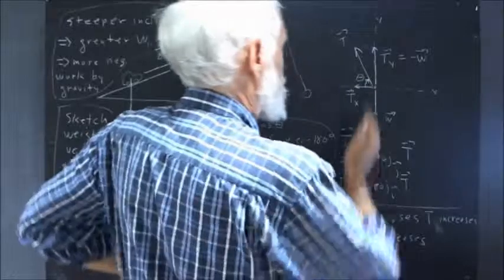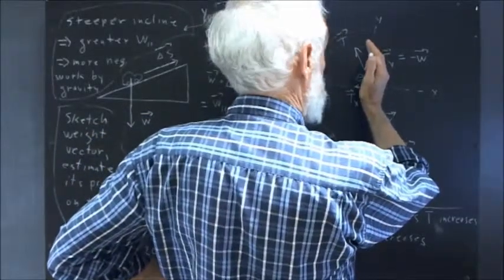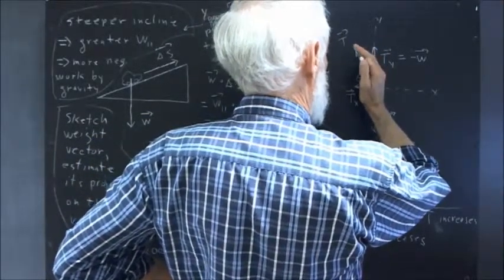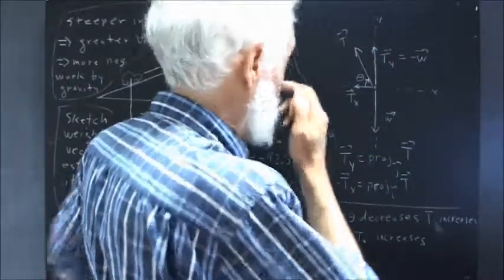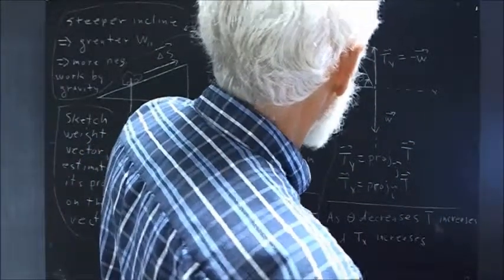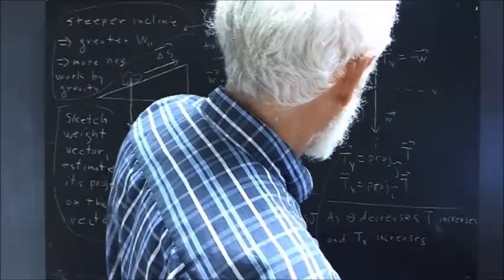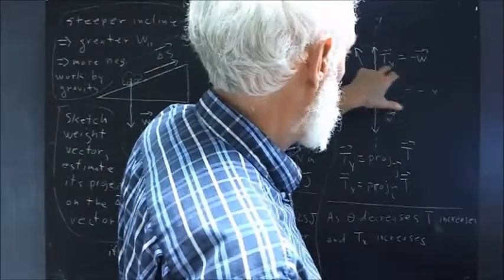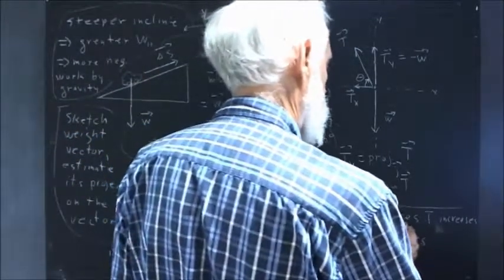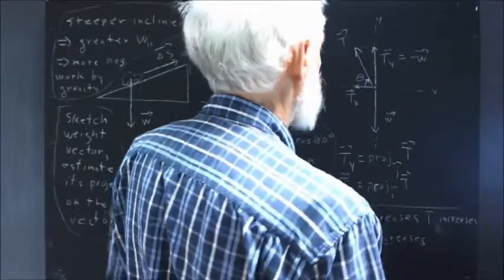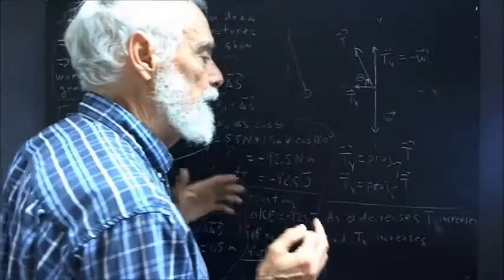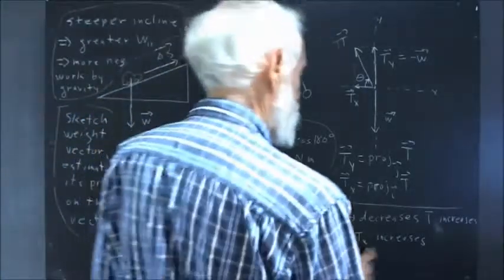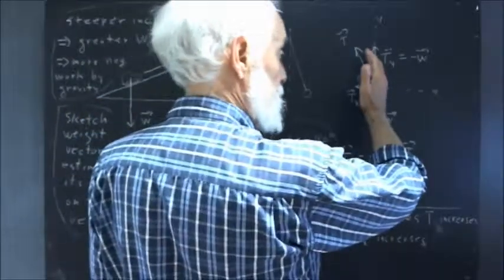The point is that the T vector increases very slowly at first, but as you get away from the y-axis, it increases more and more quickly, because it's always got to end on this horizontal line, indicating the magnitude of Ty, which has to equal the magnitude of W. So that as theta decreases, T increases. That's a no-brainer. But even when T is increasing very slowly, Tx increases at a pretty good pace.